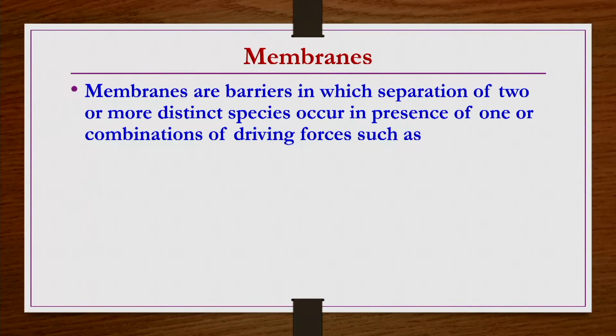Membranes are semi-permeable barriers in which separation of two or more distinct species occurs in the presence of one or a combination of driving forces. So you take a membrane and allow a suspension or solution to flow through it.